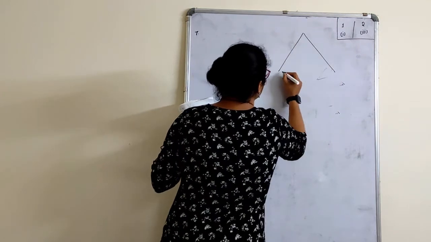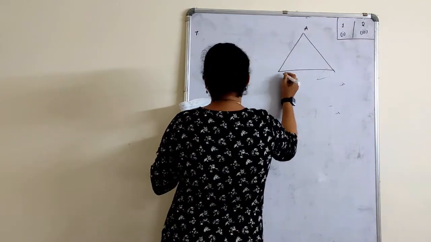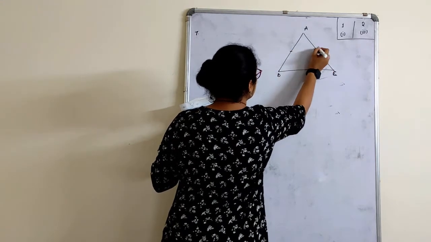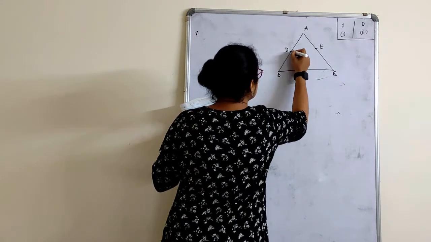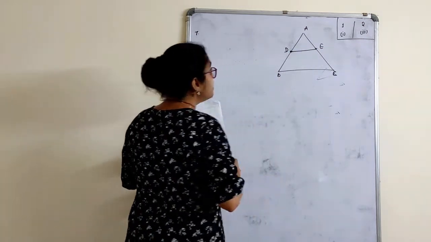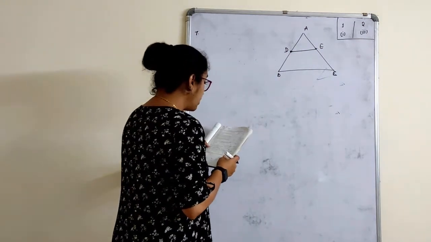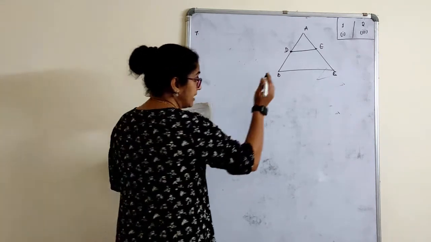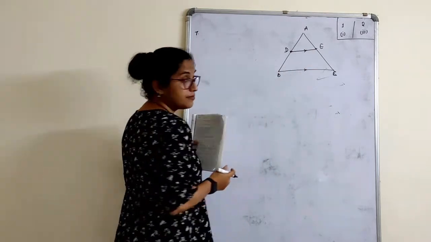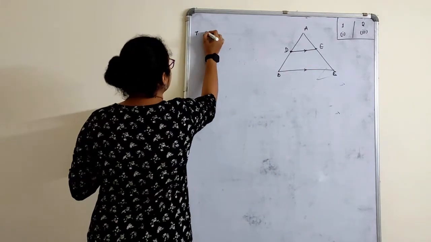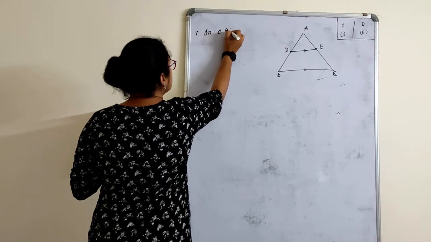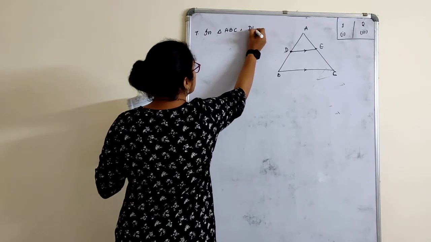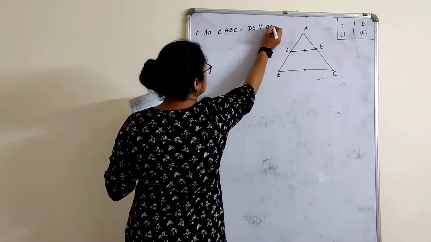So if I have drawn a triangle here, let us say triangle ABC and DE, where D is the midpoint. We have to also show that it bisects the third side, given that they are parallel. Yes? Let us write in triangle ABC, DE parallel to BC.